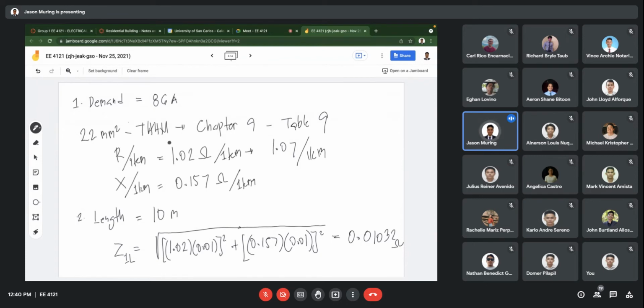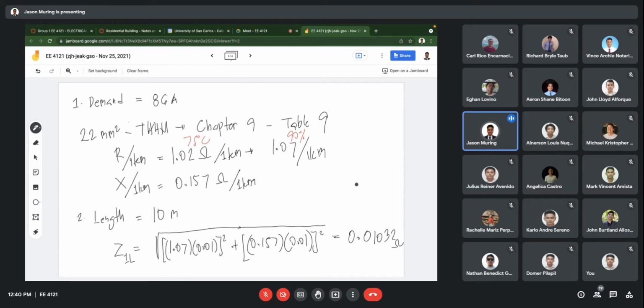Again, this is 75 degrees Celsius, and this is 90 degrees Celsius. This value will be used for our calculation, so this is now 1.07. Although the change is not significant, we have to take note of this because in your calculation it may exceed the standard requirement.